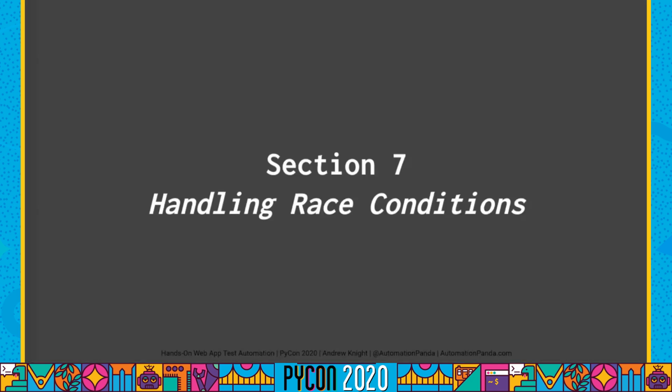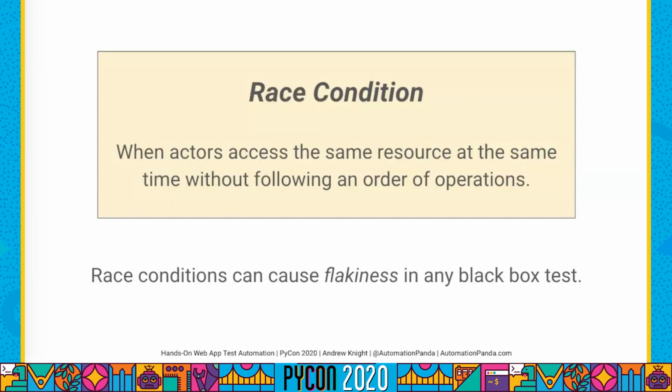Section 7, handling race conditions. A race condition happens when actors access the same resource at the same time without following an order of operations. Race conditions are notorious for causing flakiness in any type of black box testing, but especially for web UI testing.